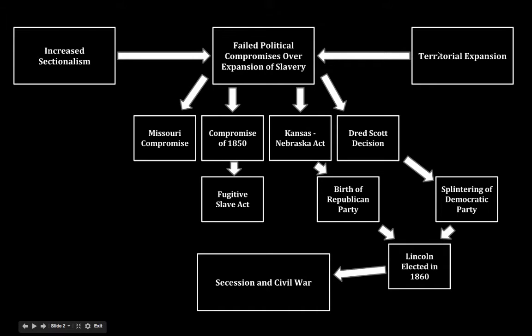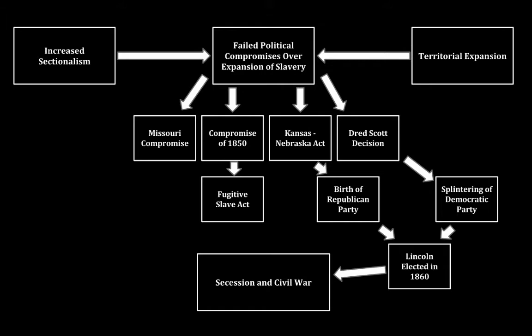Here's the graphic organizer that's going to run our discussion today. Basically, what we want to focus on is what causes the Civil War. If you look at this graphic organizer, hopefully you find it somewhat clarifying. We're going to see increased levels of sectionalism, meaning North and South are going to have differences of opinion on various issues.